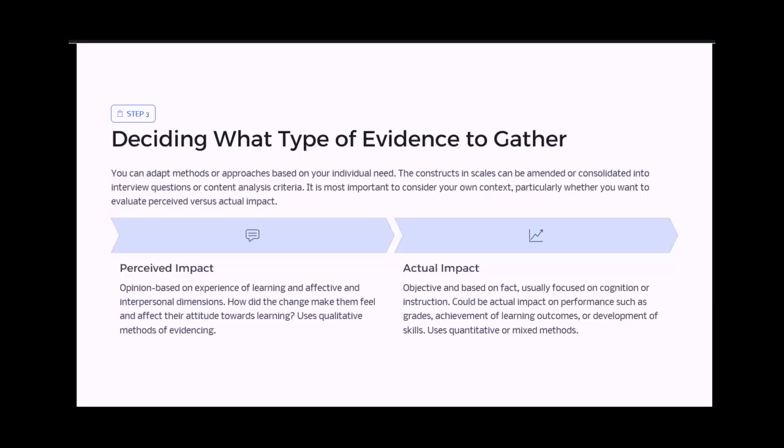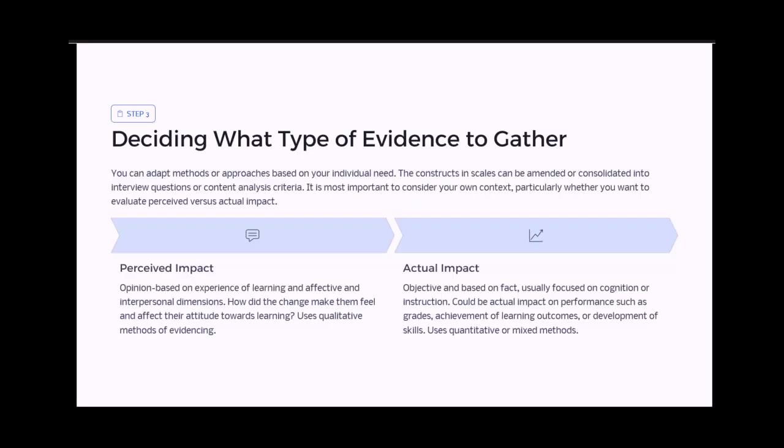So there's two different impacts you can evaluate. You can look at the perceived impact. So this is largely based on the experience of the individual and the affective and interpersonal dimensions of learning. So how did the change or the use of technology or the new pedagogical approach make them feel?